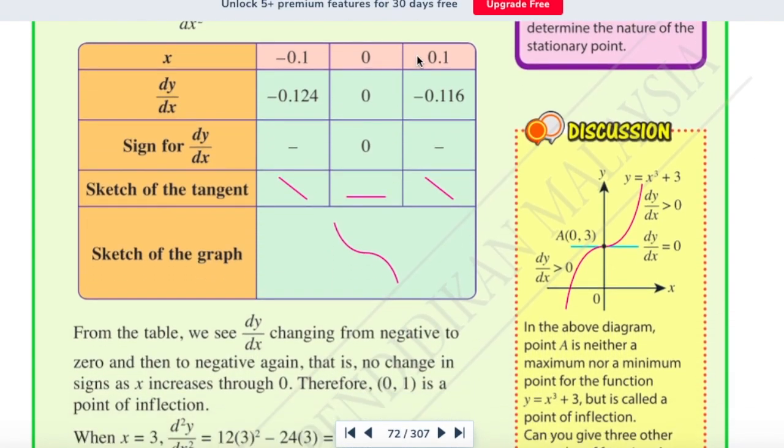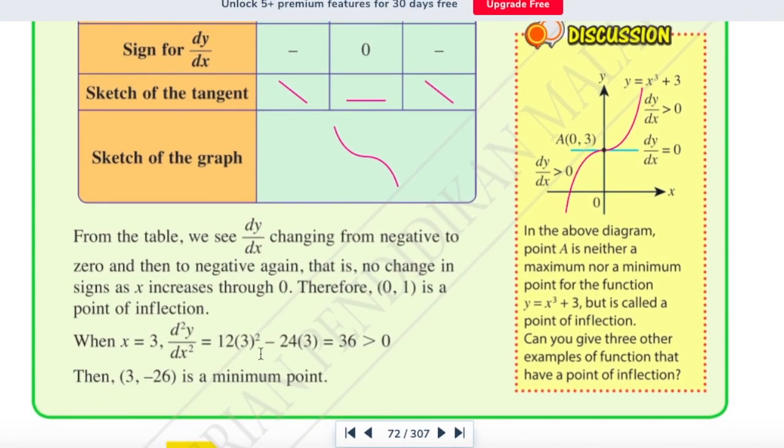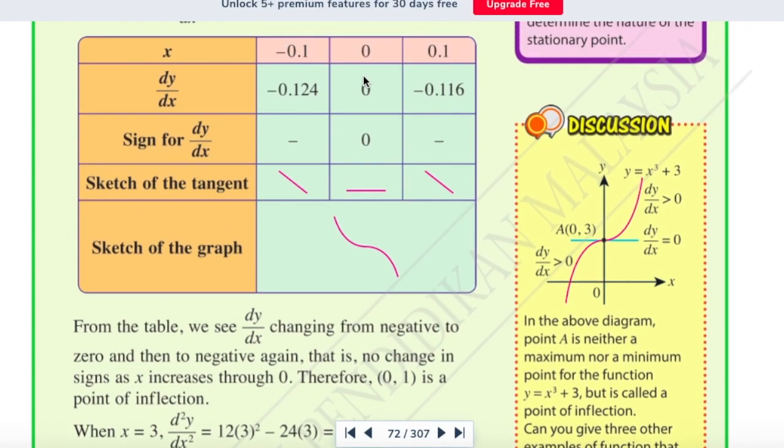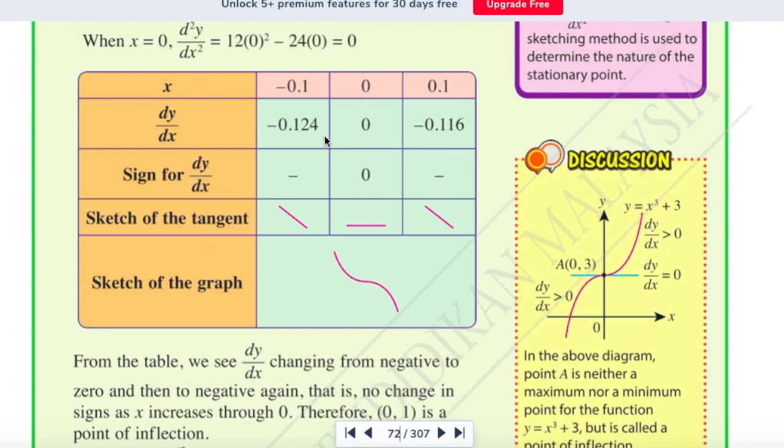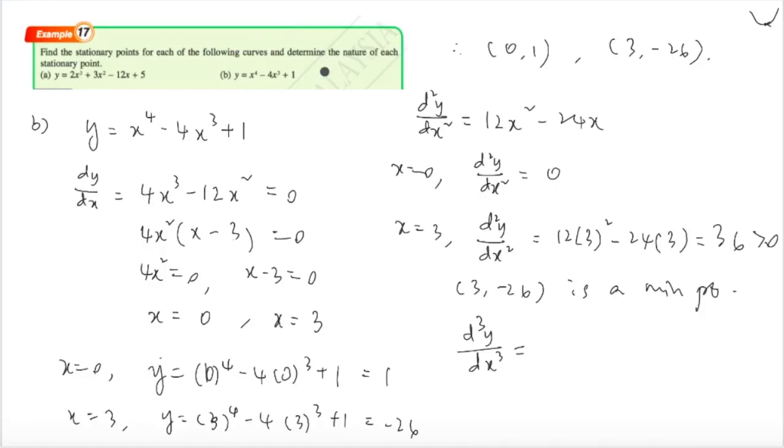For (3, -26), I used d2y/dx2 more than 0, so it is a minimum point. If I don't want to use the sign-change method, I use d3y/dx3 to prove it. 12 times 2 is 24x minus 24. If x equals 0, d3y/dx3 is 24, which is not equal to 0.